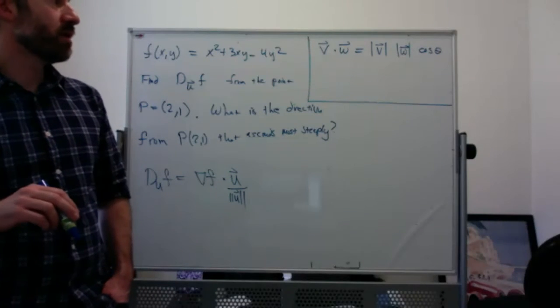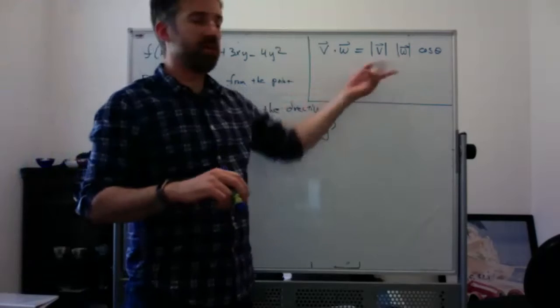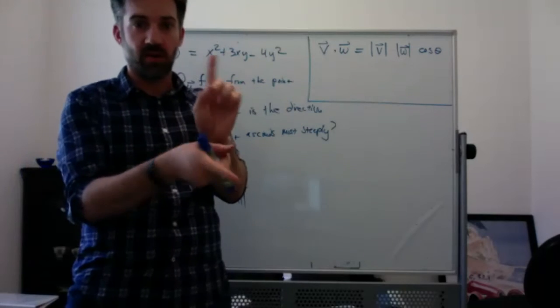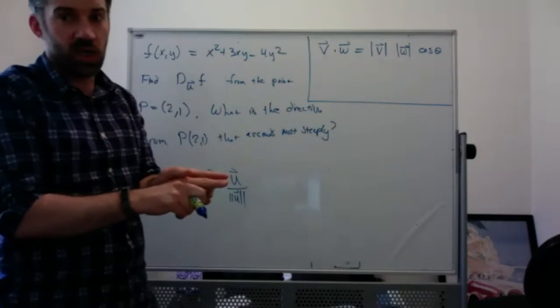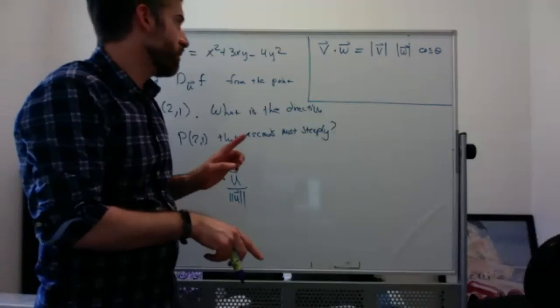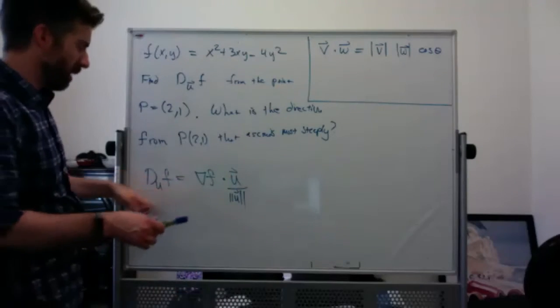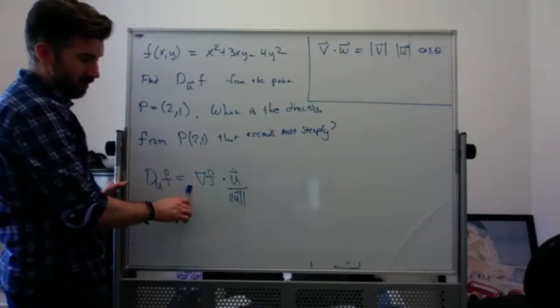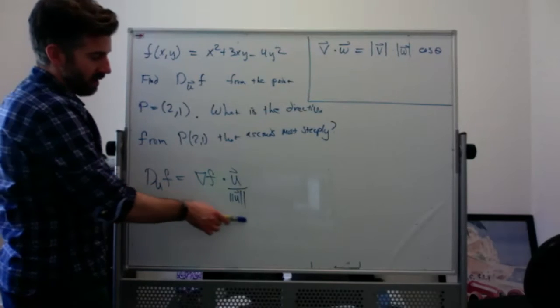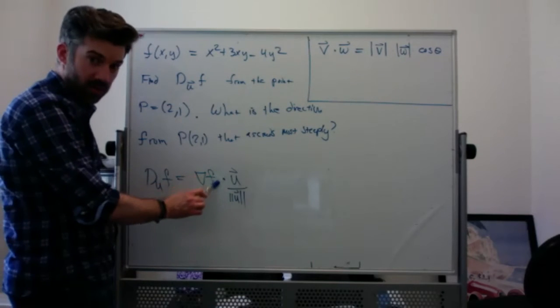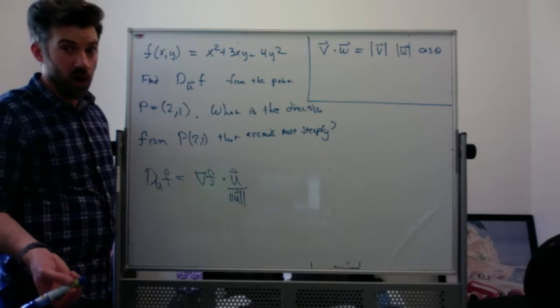Now, the magnitude of v and the magnitude of w aren't changing. If you've got two vectors, their magnitudes aren't going to change. If you want to maximize this product, especially here, this vector's magnitude is definitely not changing, because this is going to be a unit vector with a magnitude of 1.